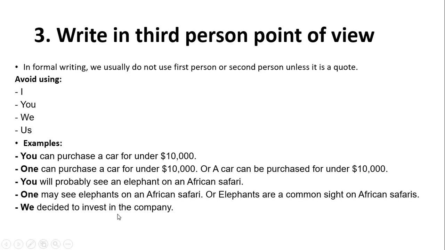We decided to invest in the company. So, wrong gihapon, kay gamit siya og we. Dapat i-avoid na to. Dapat, the group decided to invest in the company. So, mao na ang number 3 na rule of formal writing.